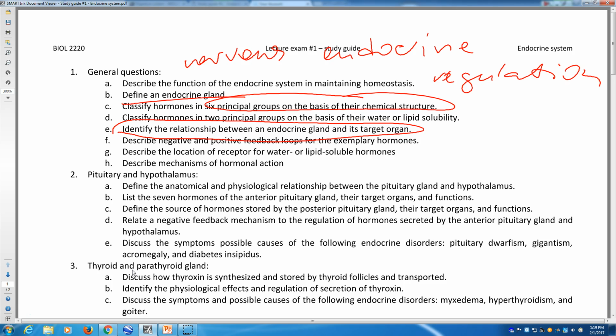So autocrine is on the same cell, paracrine is like next door, and endocrine is far. We call it endocrine because a hormone can be produced in the thyroid gland and signal to fat cells located, I don't know, on the butt. Okay, so it's pretty far.